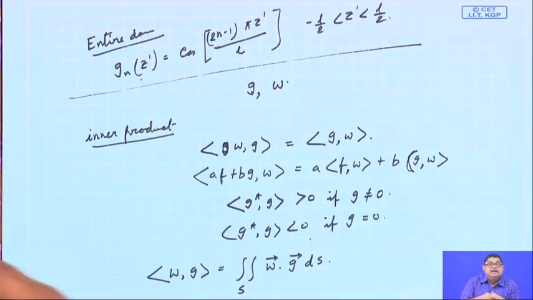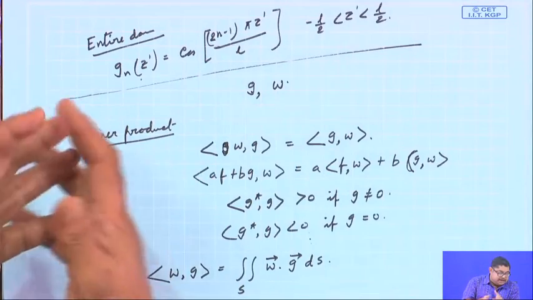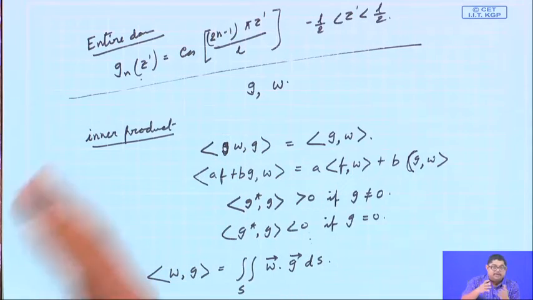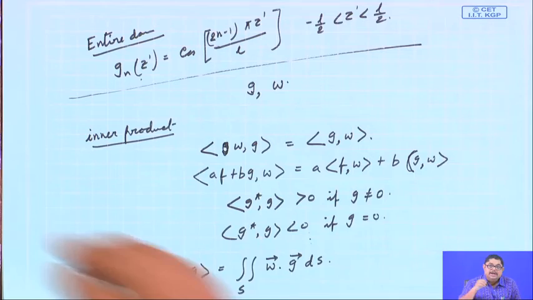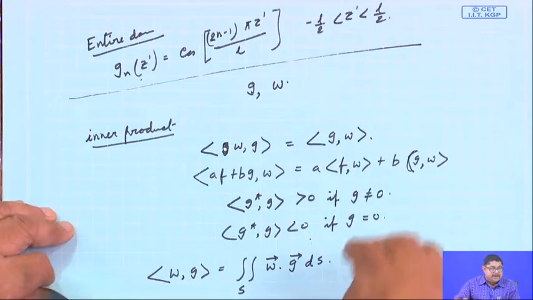Typically in electromagnetics, the boundary condition is vanishing tangential electric field on the surface of an electric conductor, or similarly for a magnetic conductor. We satisfy this only at discrete points, on N number of points.